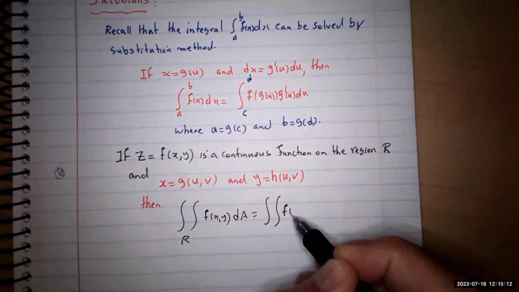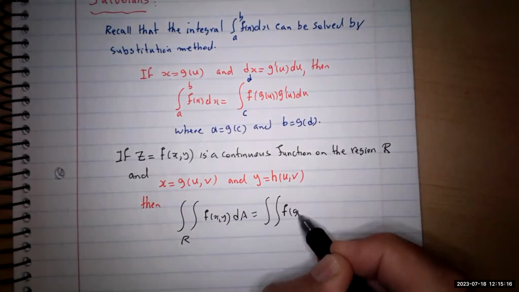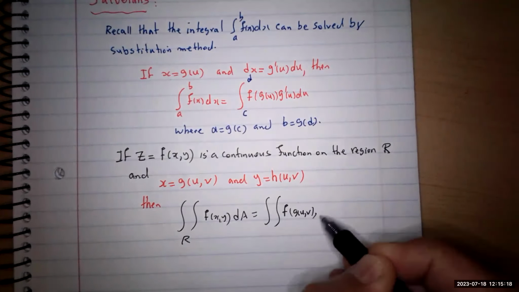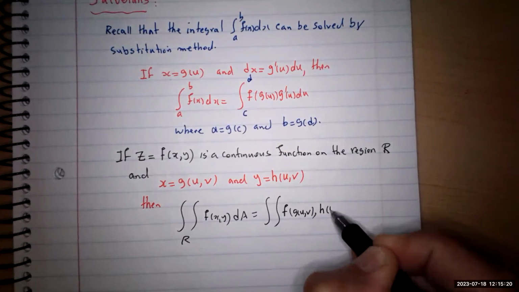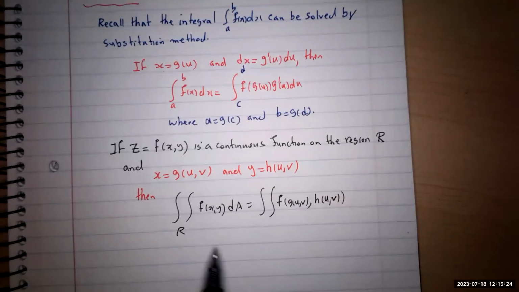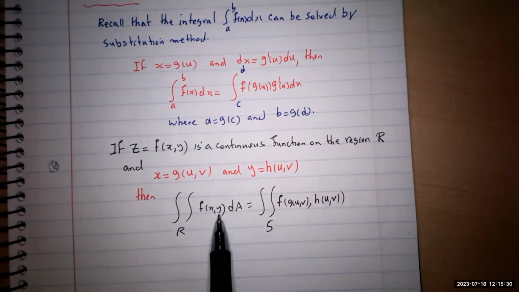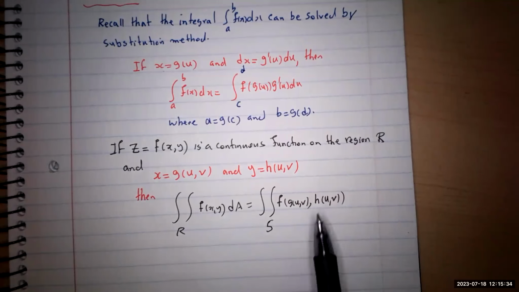It's going to be f of, switch the x into the g of u comma v, the y into the h of u comma v. The region, of course, would be changed. We call it S if you like, because this region is related to the xy coordinate. So we change the coordinate into the uv.